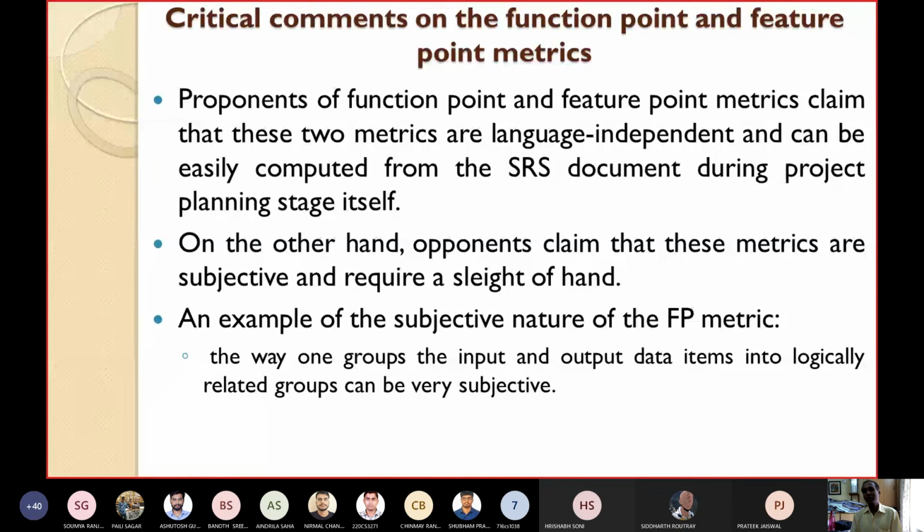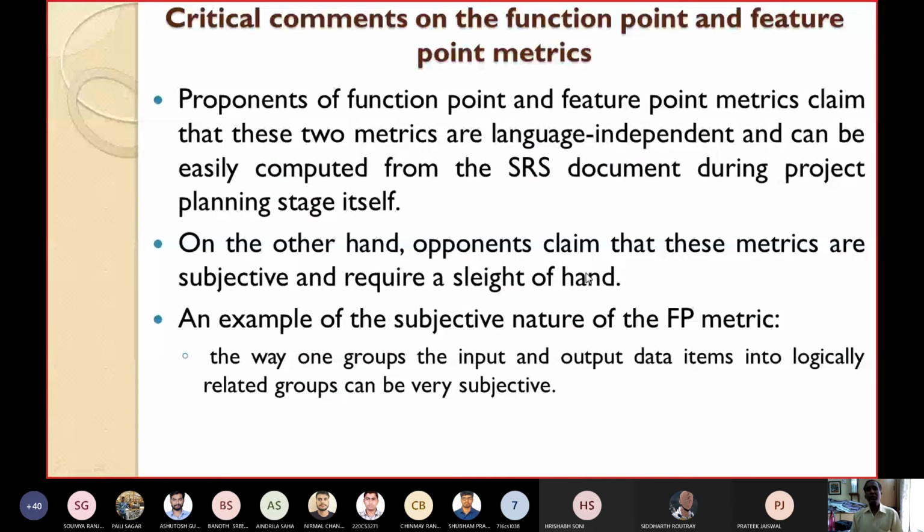So that is a drawback of the function point metric, because the grouping may vary from person to person.